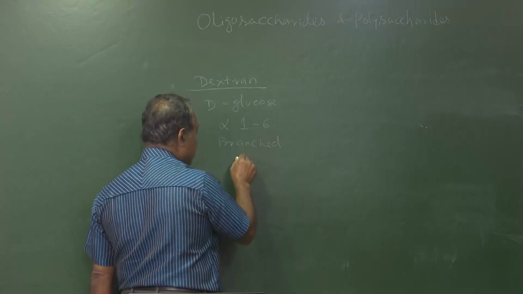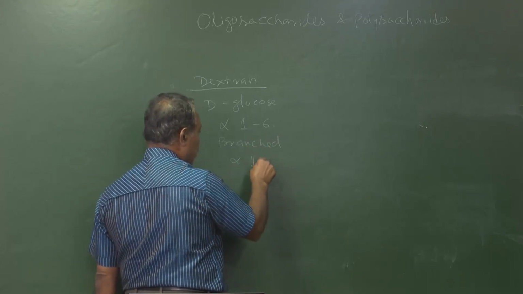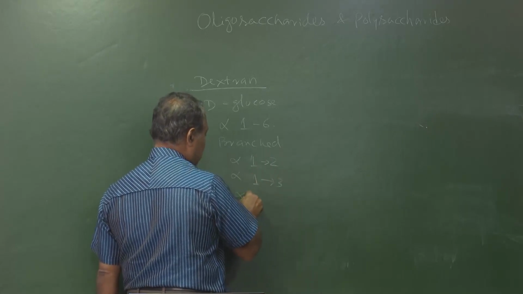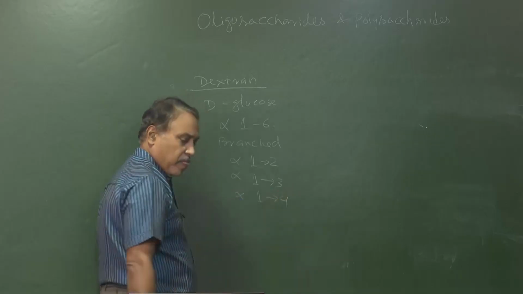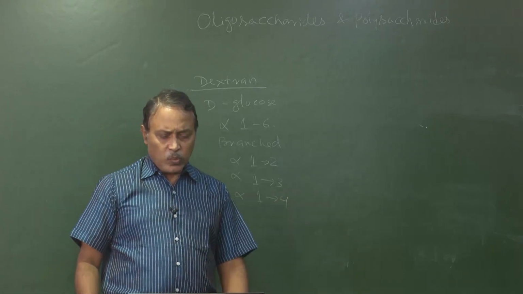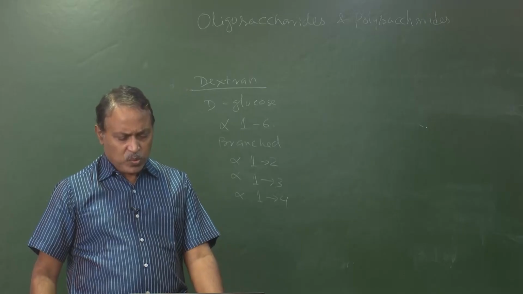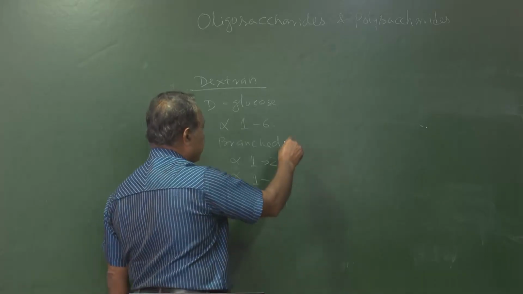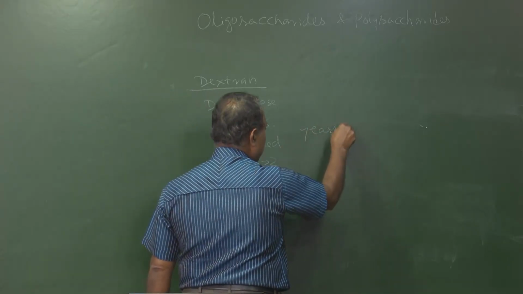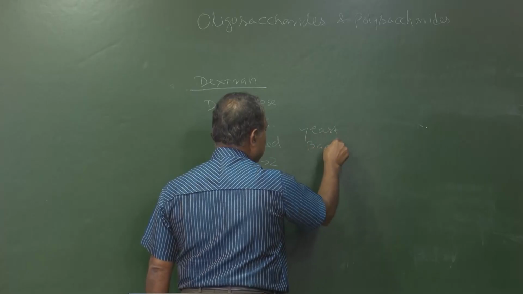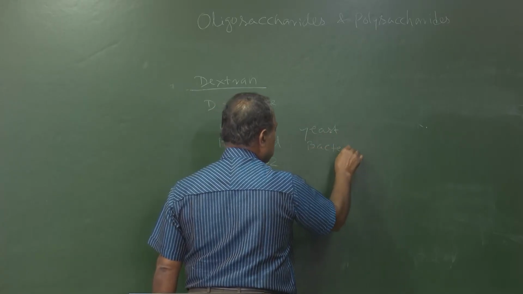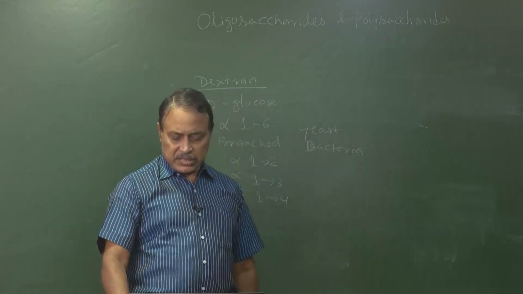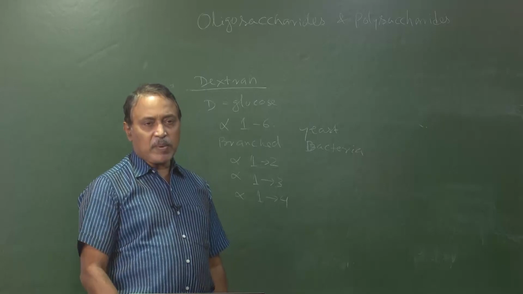And this branch point can be either alpha 1,2 or alpha 1,3, or it can even be alpha 1,4. So 1,2, 1,3 and 1,4 we can find present, and they are mostly found in yeast and bacteria. So that is all about the homopolysaccharides.